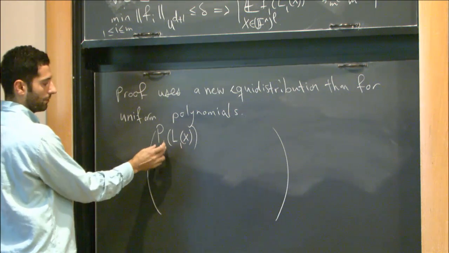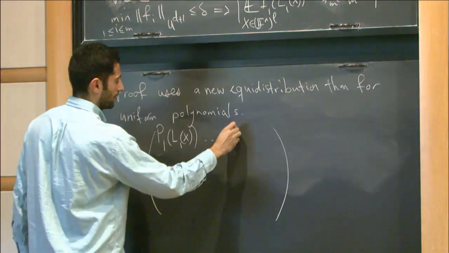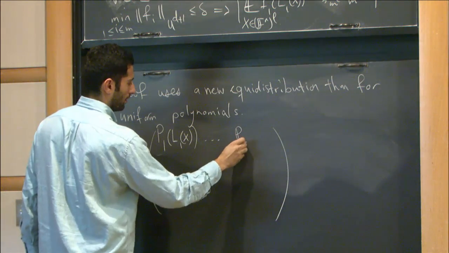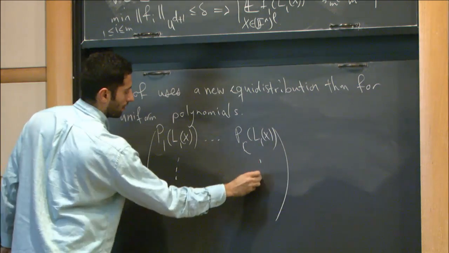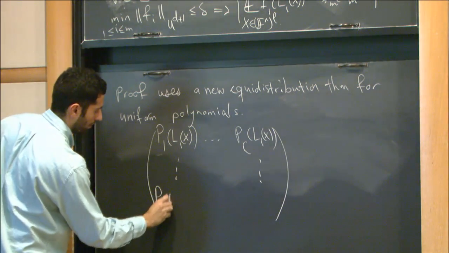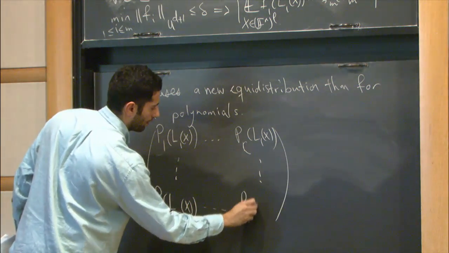Each entry will be one of my polynomials applied to one of the linear forms, P_C of L1 of x, and so on.